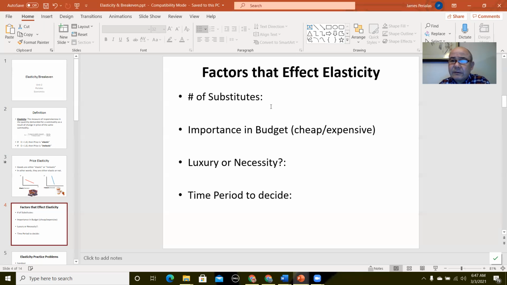There are lots of different substitutes out there that we will simply switch to away from the product that is changing its price. So under number of substitutes, the concept simply here is if there are lots of substitutes, then that product will tend to be elastic. And the mathematics will prove that.